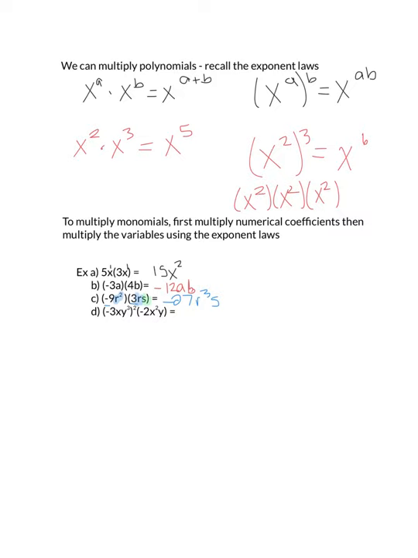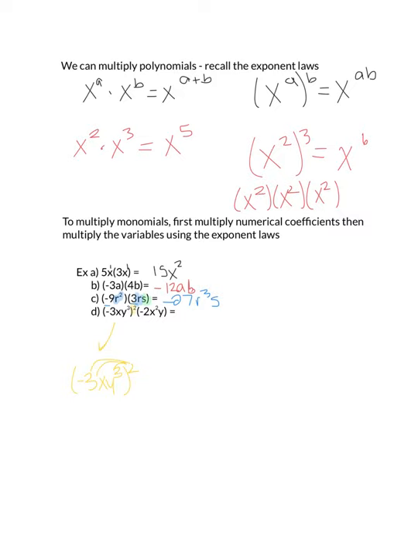All right, last example here. This one is a little bit more tricky. I do have this negative 3xy cubed, and then all of that is squared. So I'm just going to do a little aside here. Negative 3xy cubed, all of that is squared. This squared needs to go into every single term that I have if I'm going to be using the power of a power law.